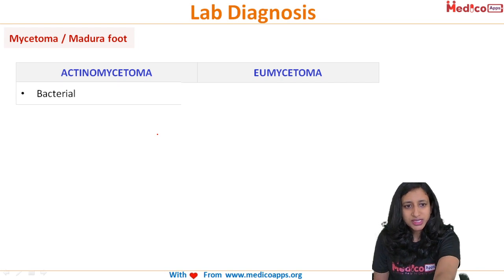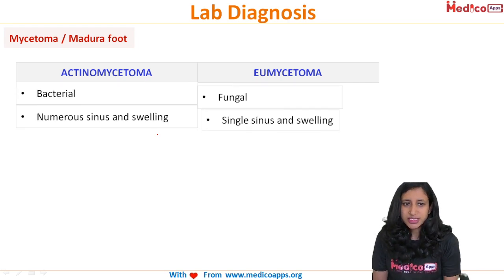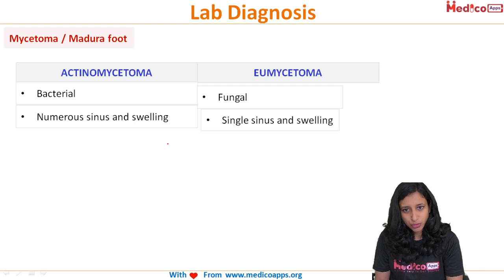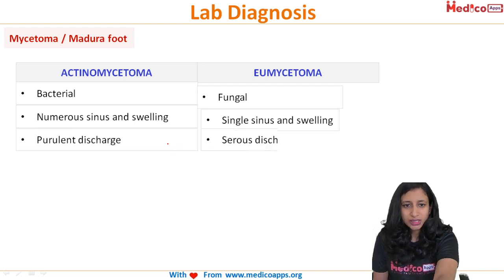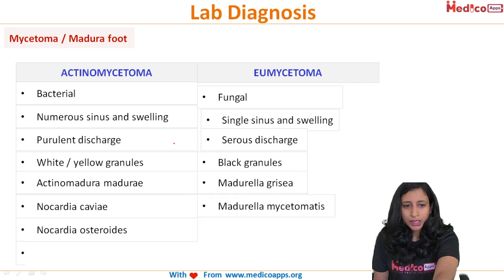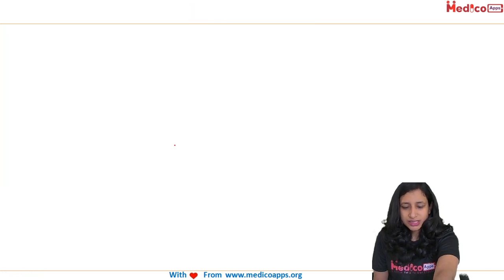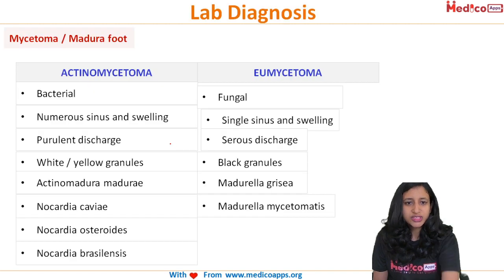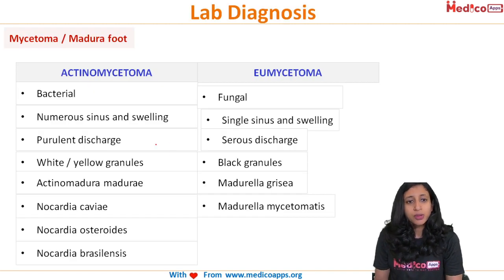Now, what are the other things that you have to remember? It is divided into what is known as actinomycetoma and eumycetoma. Now, actinomycetoma is the one which is involving bacteria. So you have bacteria which are involved in actinomycetoma. So you will see numerous swellings, numerous sinuses with purulent discharge.